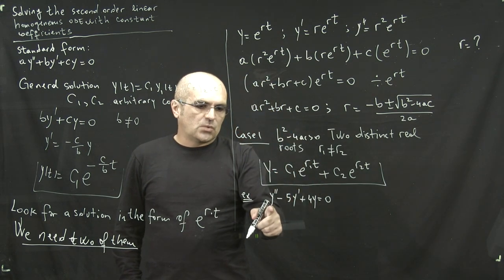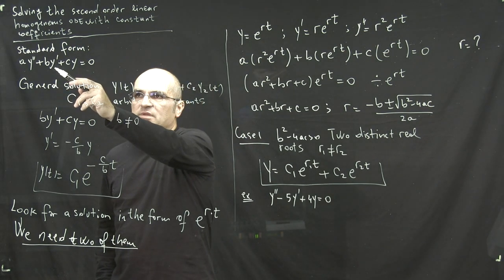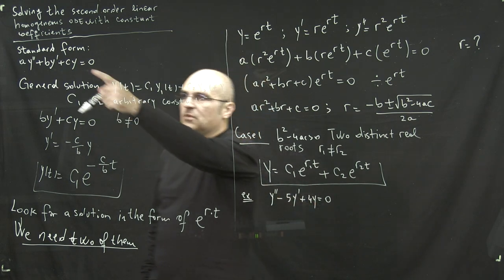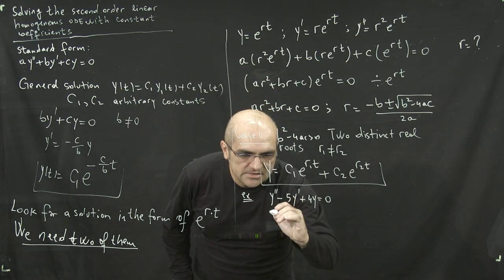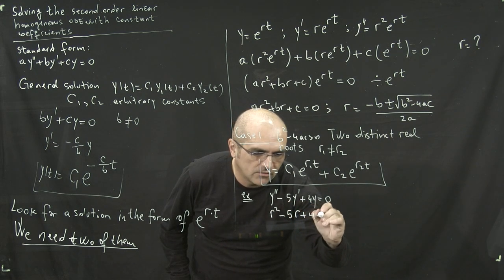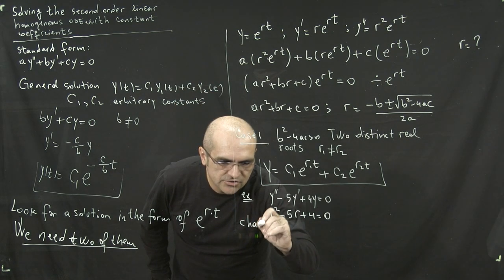Notice r squared goes with y double prime, r with y prime, and the constant term with y. So for y double prime minus 5y prime plus 4y, the characteristic equation is r squared minus 5r plus 4 equals 0.